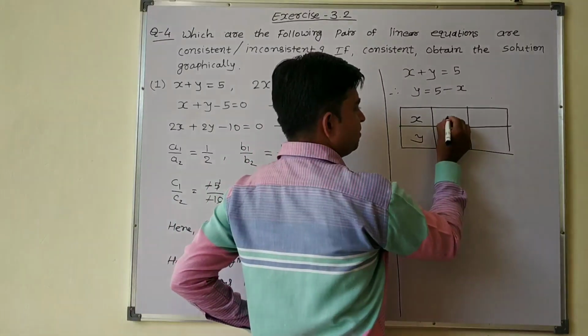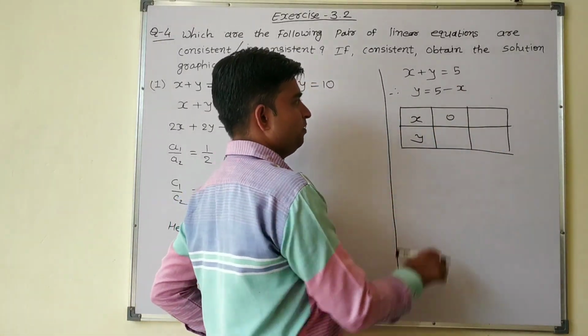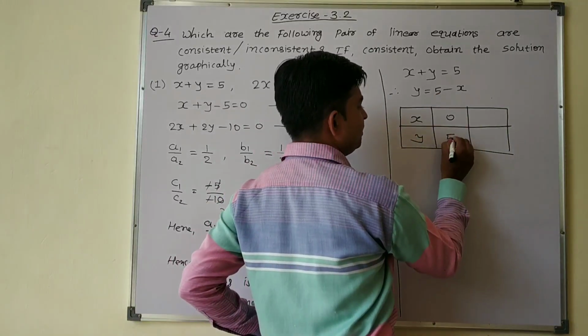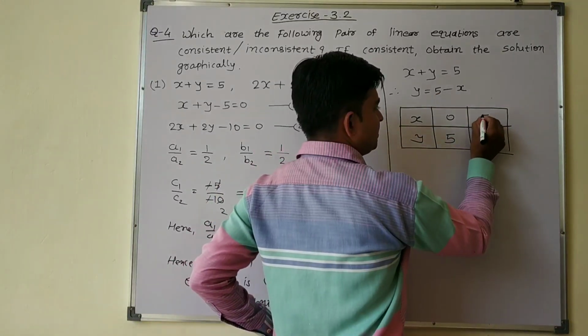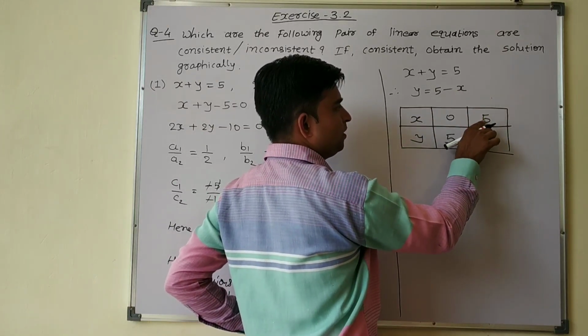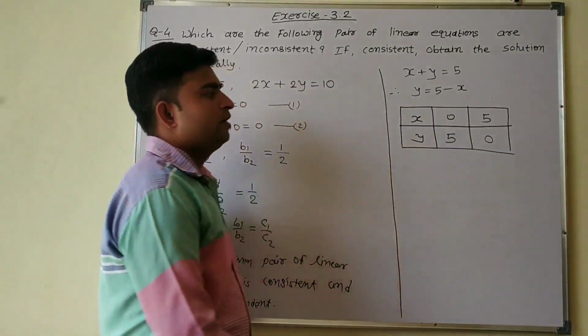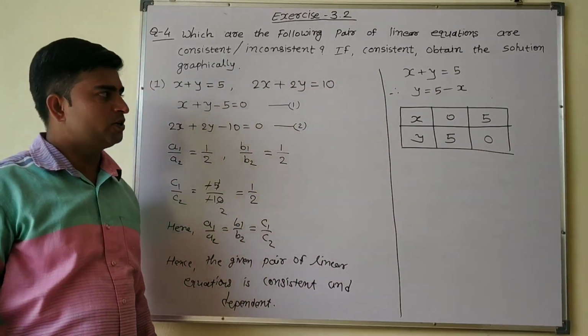If we take x equal to 0, then y is equal to 5. If we take x equal to 5, then 5 minus 5, y becomes 0. So that is the solution table of the first equation.